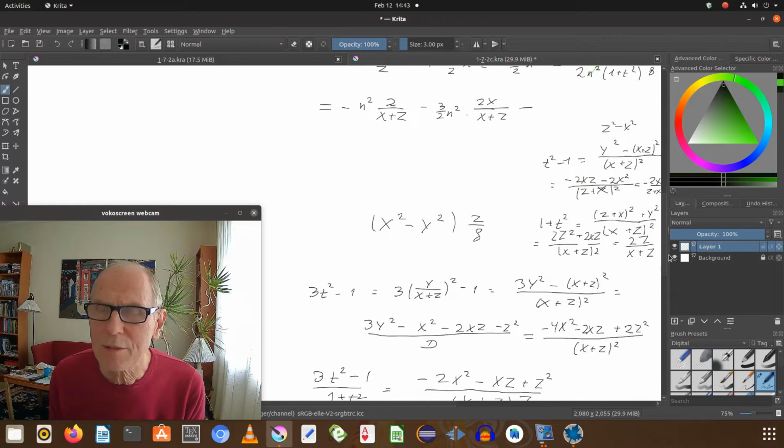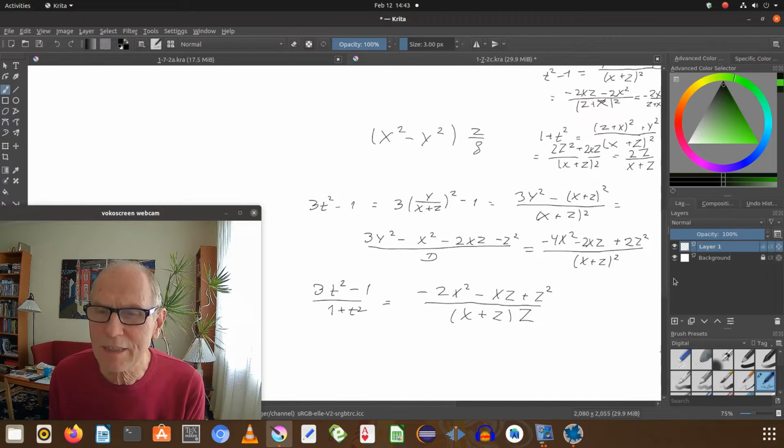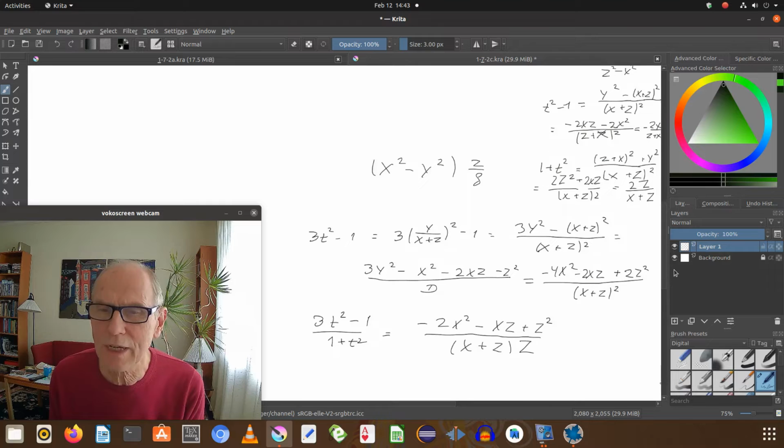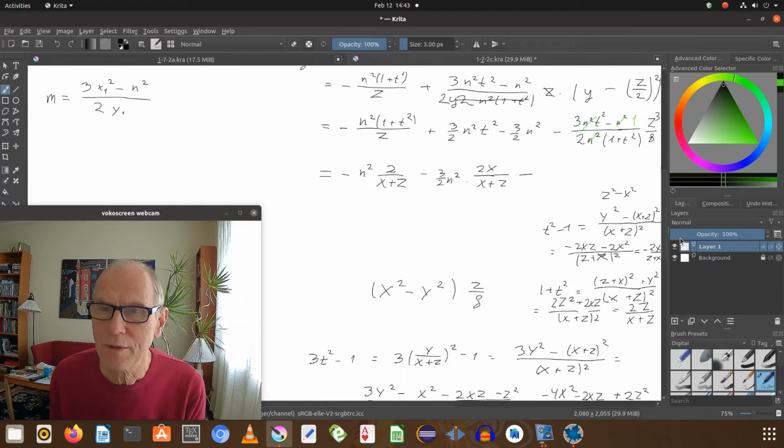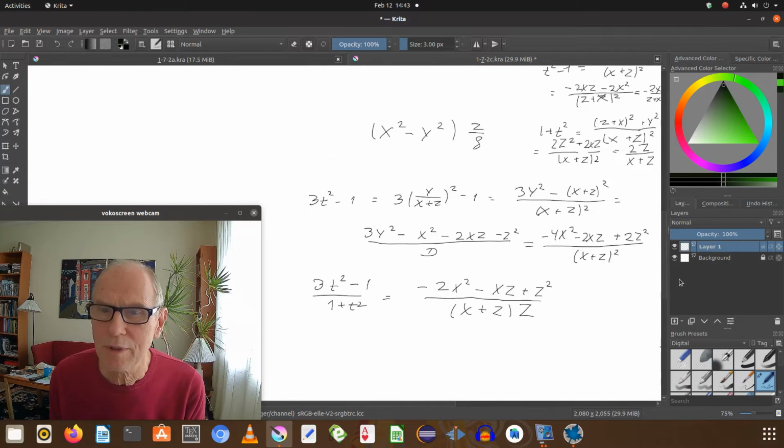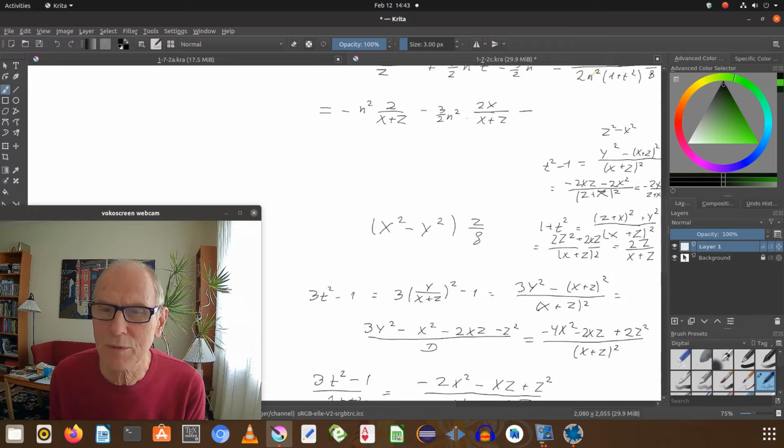And that has to be multiplied by z squared, and that was a minus, so we change sign.